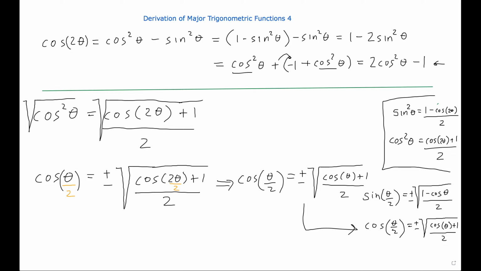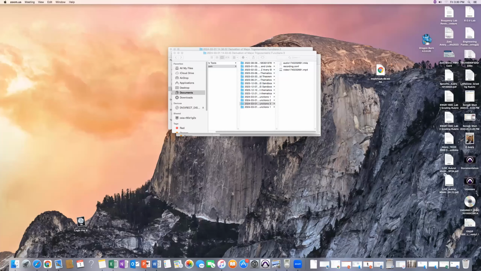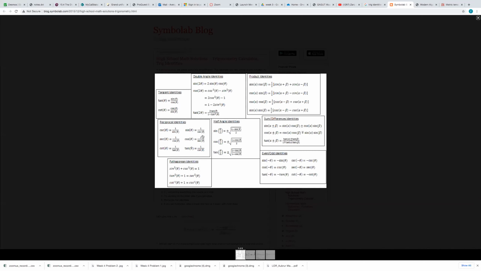Okay, looking back at our list of functions, we've derived the reciprocal identities. Those were given.